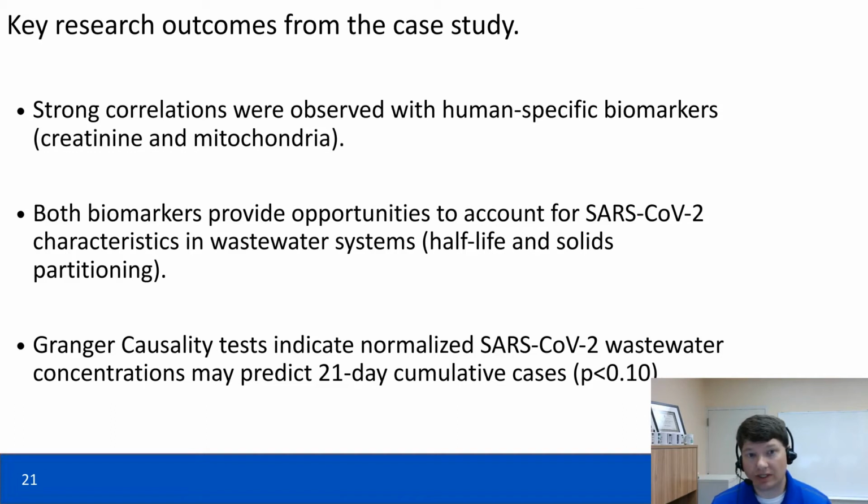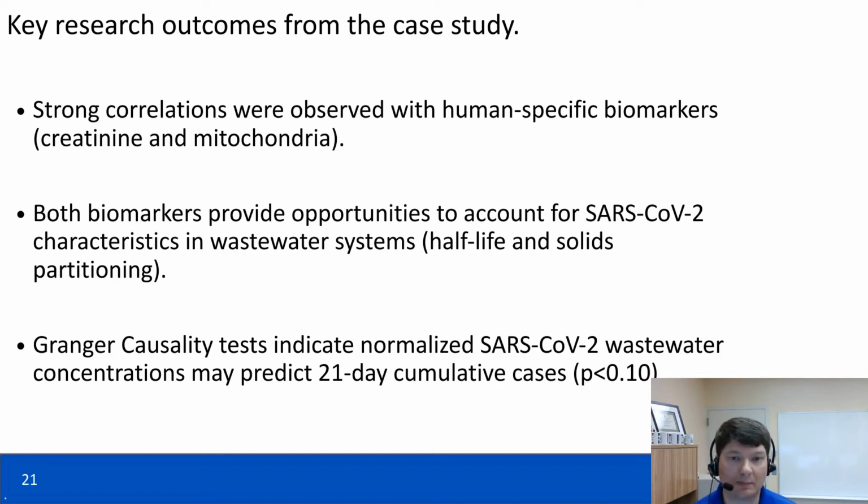Right. So, key research outcomes from the case study. We observed strong correlations with human-specific biomarkers. So again, normalizing can play a really important role in understanding those trends. We use creatinine and mitochondria. A very popular one now is PMMOV, pepper mild mottle virus.